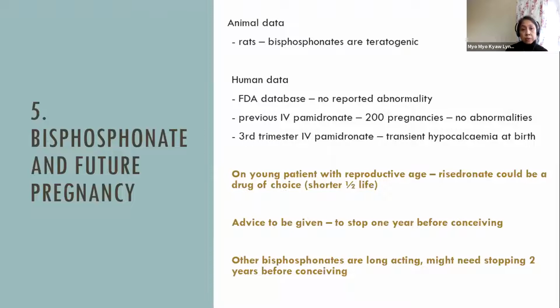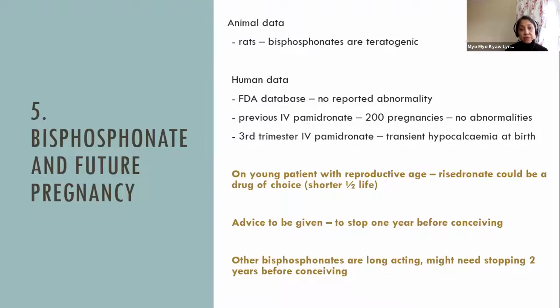I have seen a very young patient, only 23, who suffered very severe osteoporosis with multiple vertebral fractures secondary to massive steroid use since her teens due to brittle asthma. With this sort of young patient, you have to be very careful because bisphosphonate is not safe.